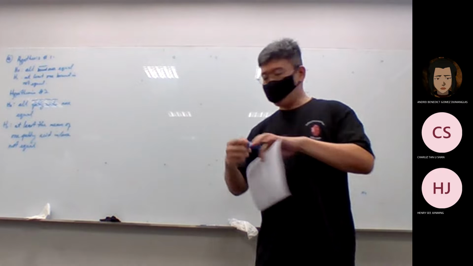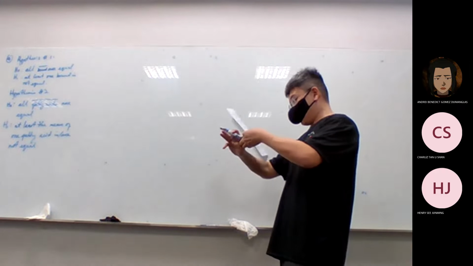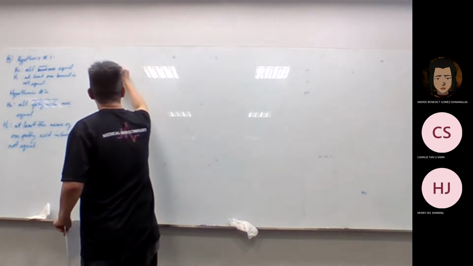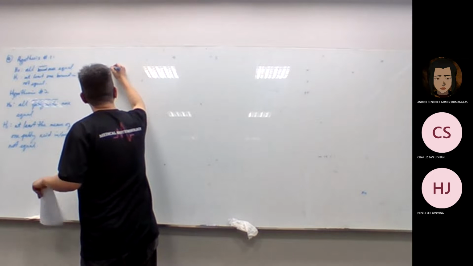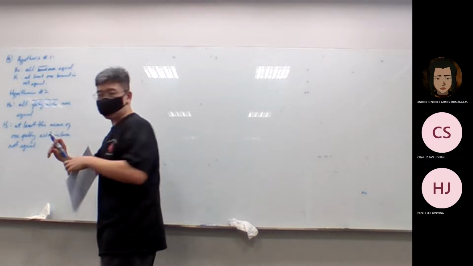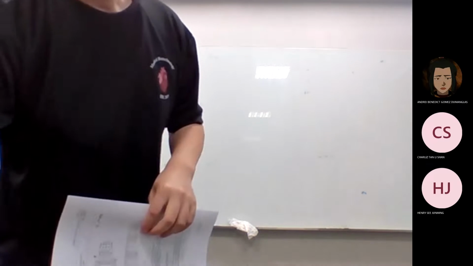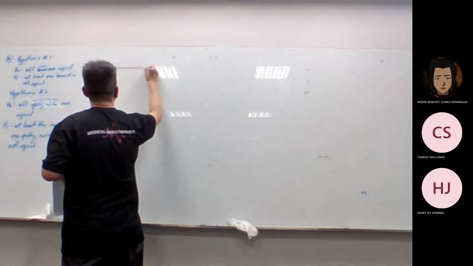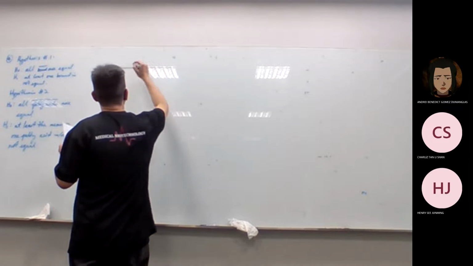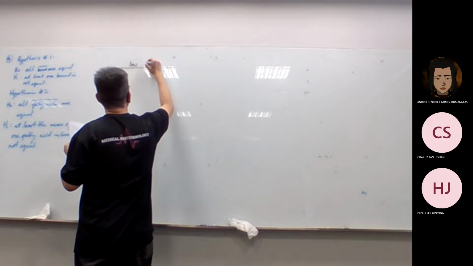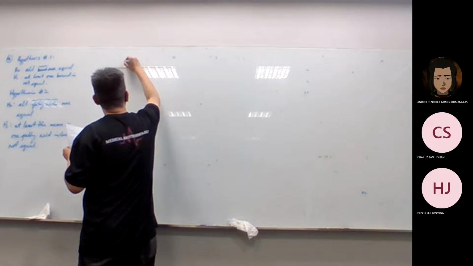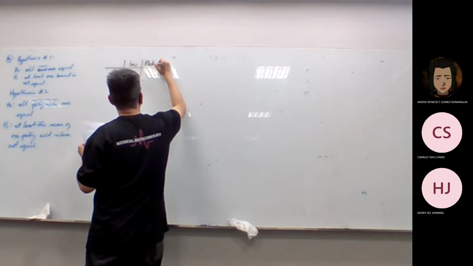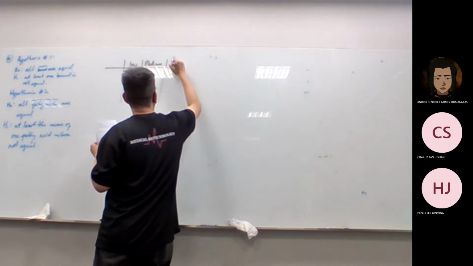So to do your calculation, you start off with the table. Then you have your low, medium, and high.